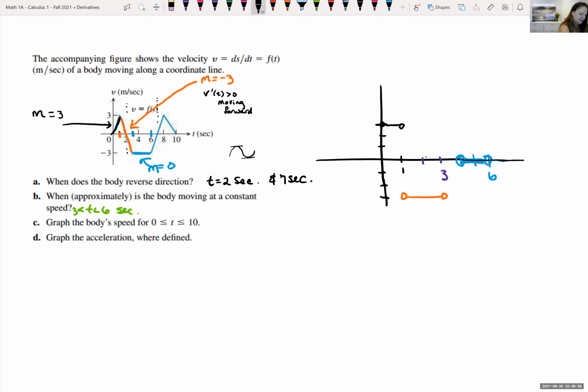From 6 to 8, we have an increasing function. So my acceleration is going to be positive. And again, we can look at the slope. I'm rising up 6, and I'm running over from 6 to 8, 2. So my slope here is 3.